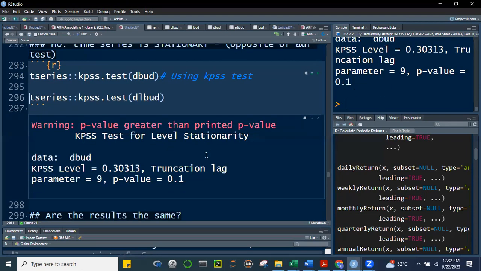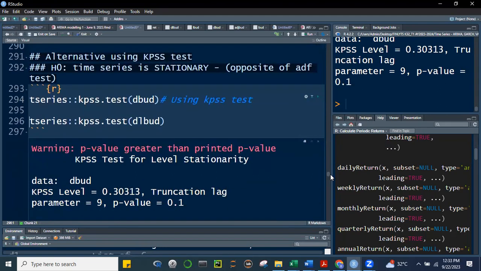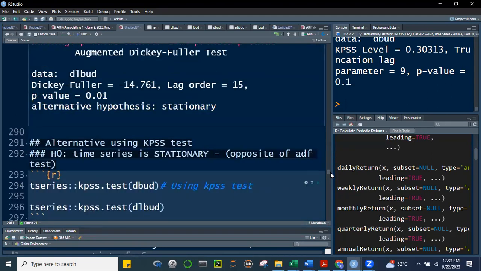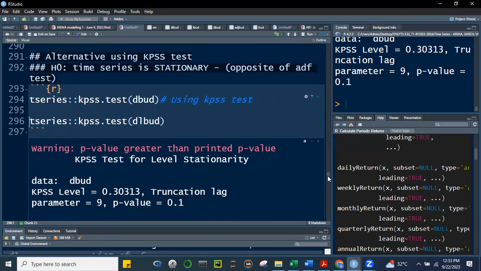Using the KPSS test. Okay. Here, the null hypothesis is the opposite of the ADF test. So the null hypothesis of this is that the time series is stationary. And based on the KPSS test, what is our p-value?